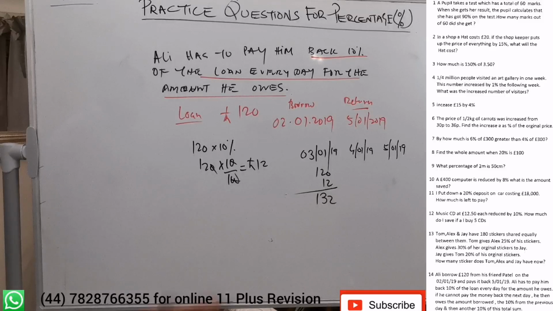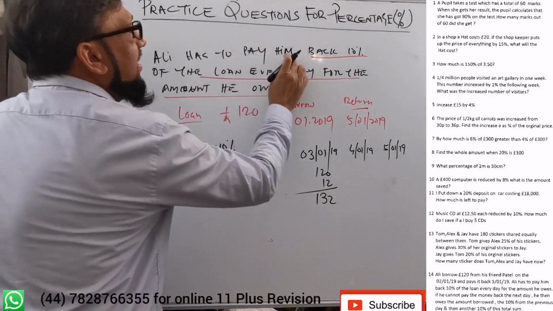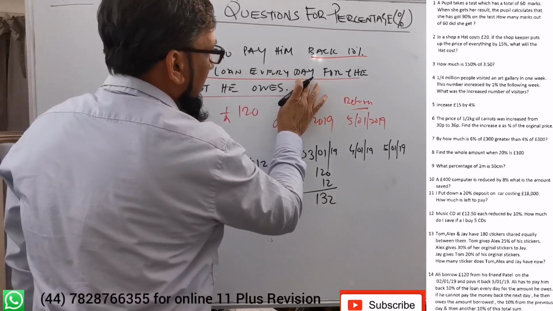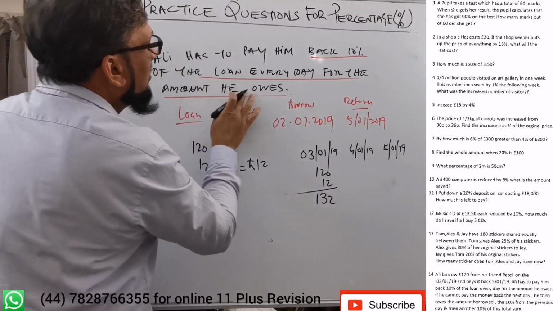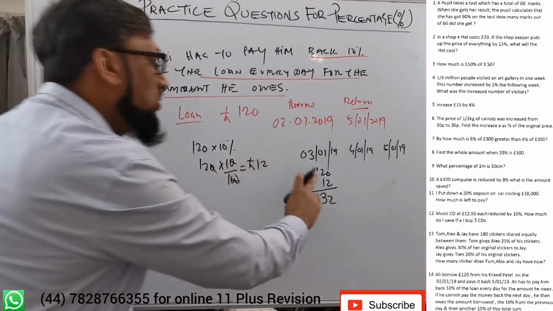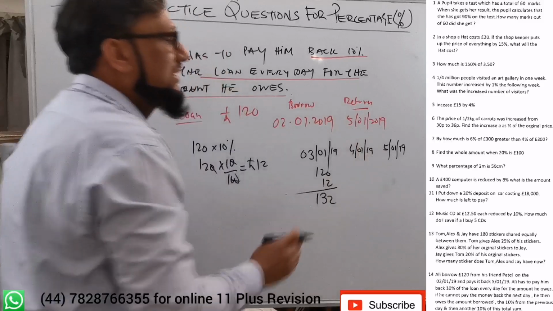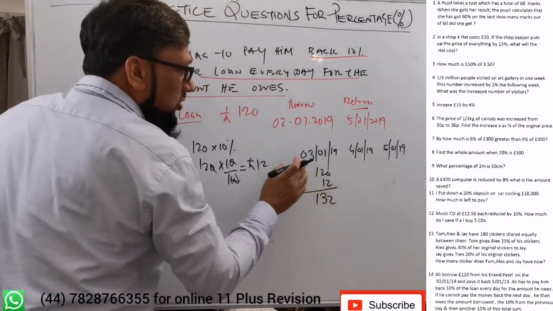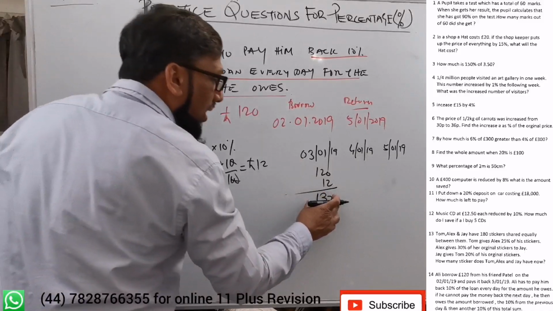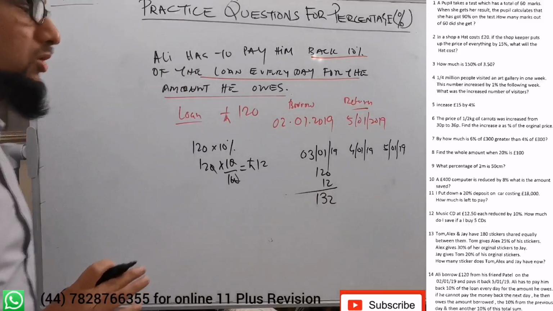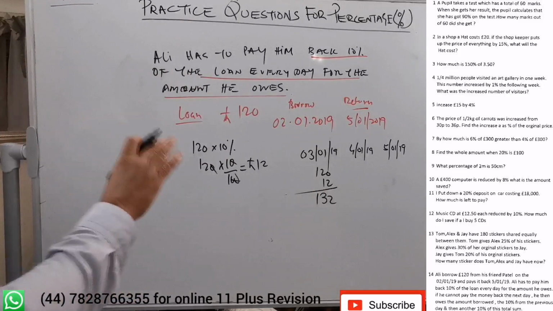So pay him back 10% of the loan every day for the amount he owes. So every day, whenever you are calculating for the next day, you need to calculate the amount he owes, not the amount he borrowed.